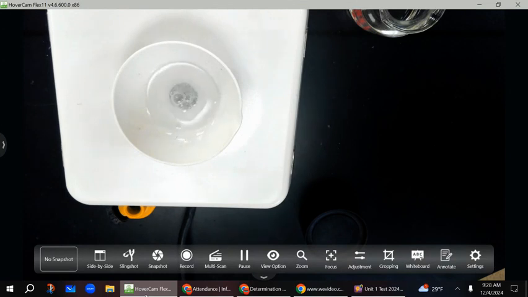Now, when you turn the hot plate on, you are going to let it go until it is dry. Now, that's going to take a while. And ladies and gentlemen, you just need to keep an eye on it, because if this starts to boil and things start flying out of your container, then you need to turn the heat down a little bit.